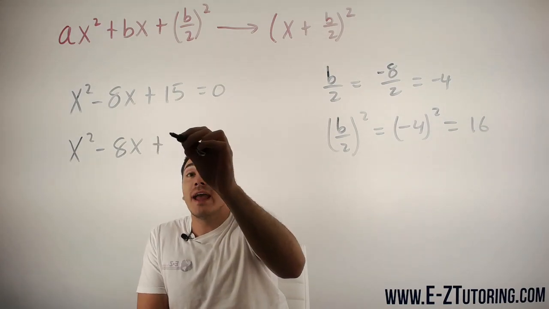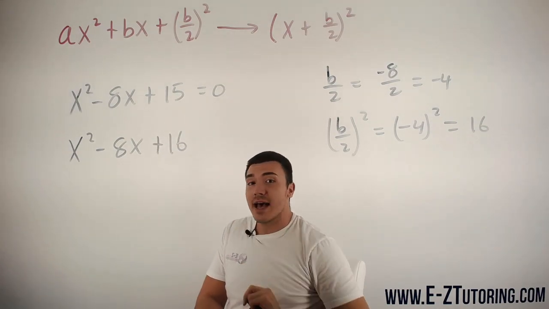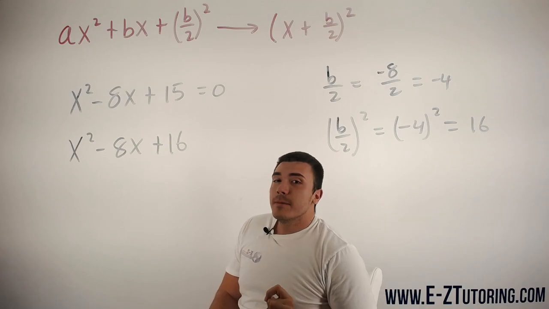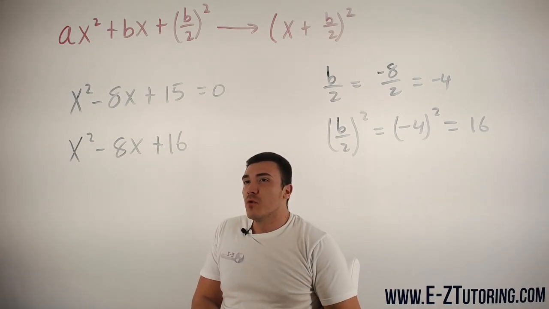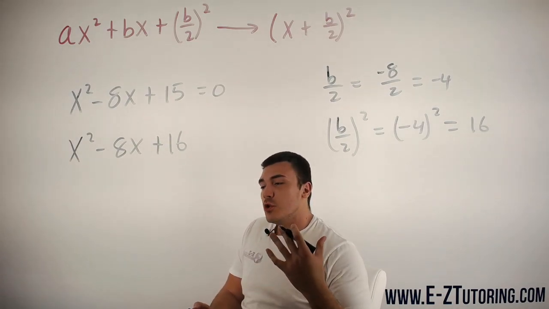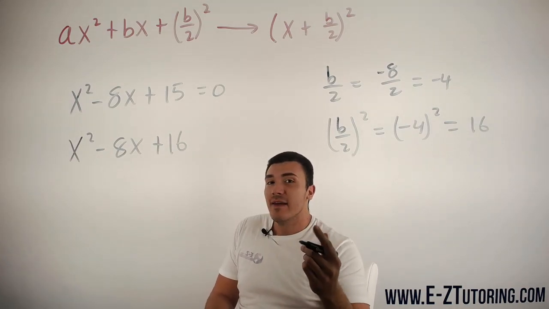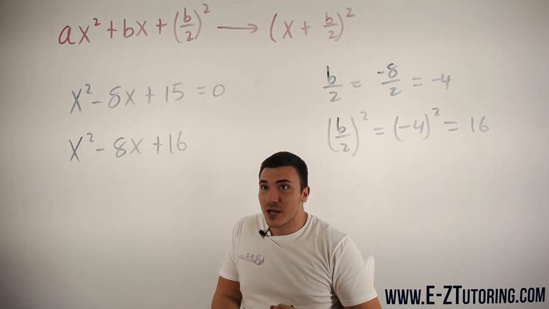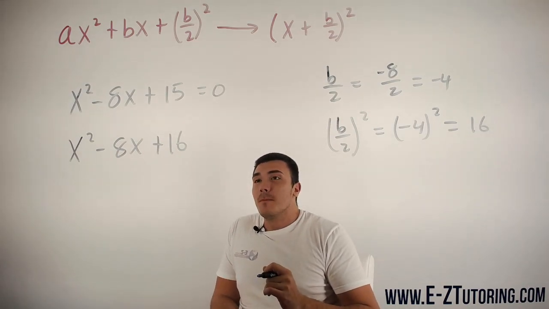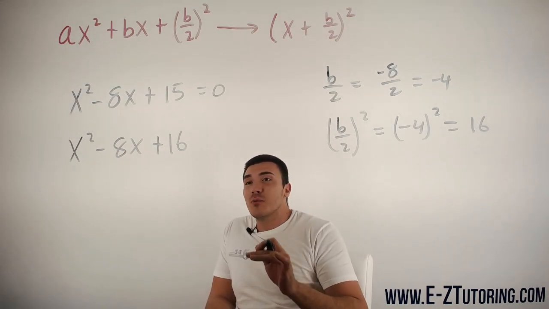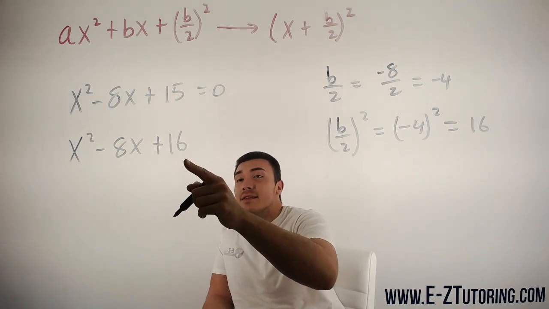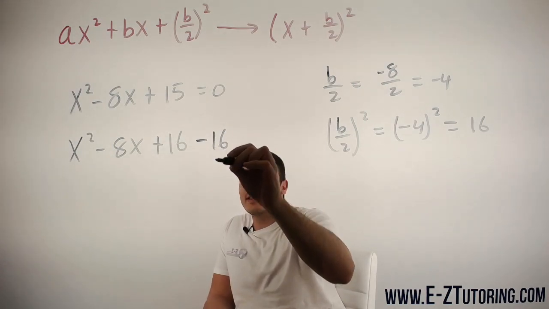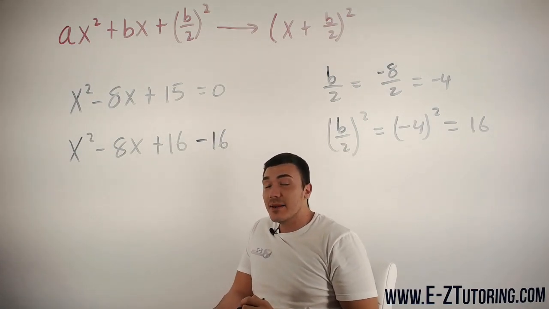You can either add 16 to both sides. However, I don't want to teach it that way for one reason, because you won't always have two sides. Sometimes you'll be given just an expression and have to do it just as an expression. So if you have just an expression, what you would do is you would want to add 16 and subtract 16 at the same time.